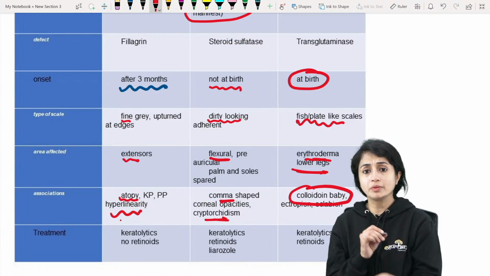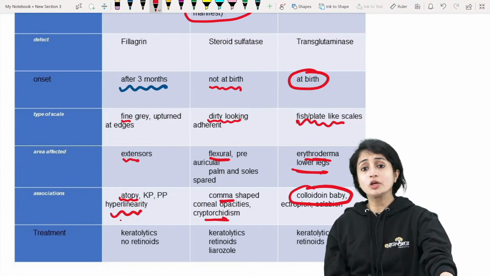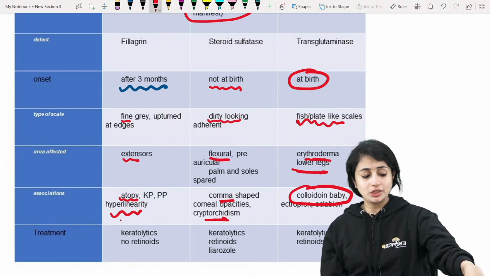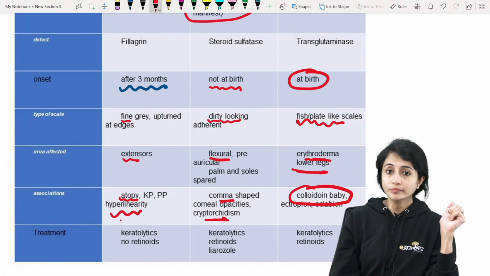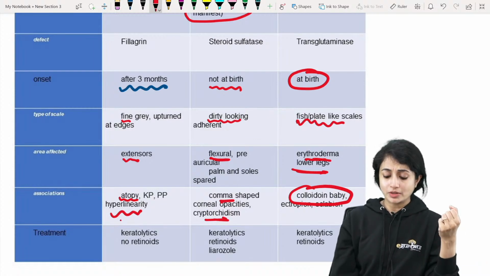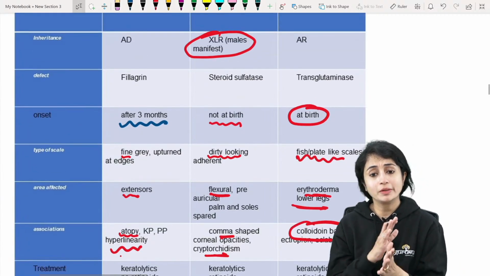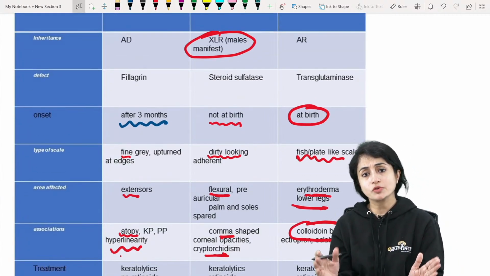What is a colloidal membrane? When a baby is born, he's born in a membrane, which is commonly called born in a झिल्ली में. So presence of colloidal membrane is very, very typical of lamellar ichthyosis. Okay, so now based on this, you will be able to differentiate these three main types of ichthyosis.